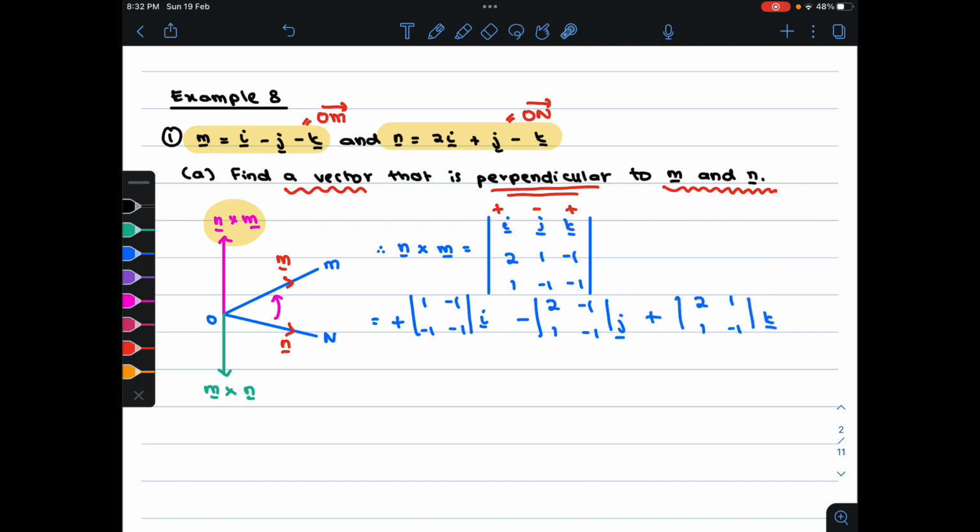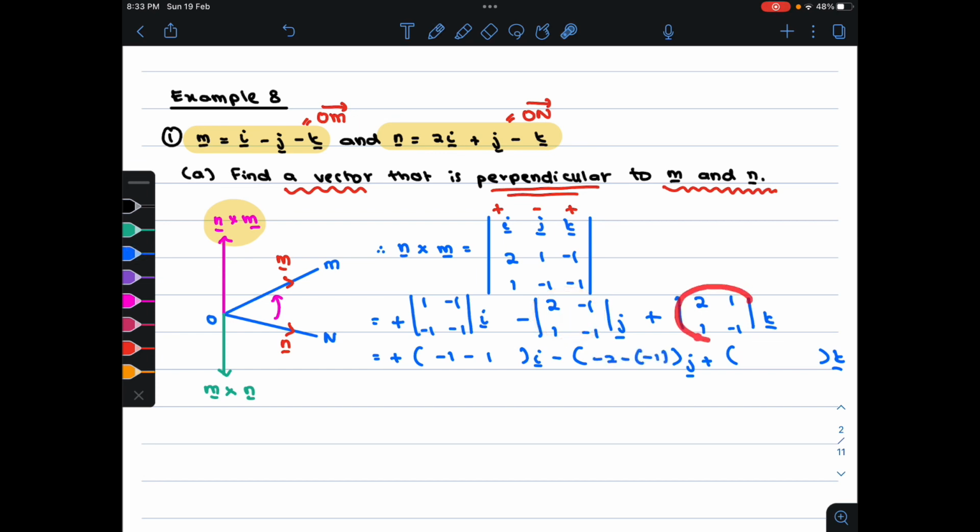Next, we're going to exchange this determinant to become brackets by doing the calculation. For the rest, we're just going to copy it down again, which is plus i minus j plus k. For the first determinant, it's going to be negative 1 minus 1. For the second determinant, it's going to be negative 2 minus negative 1.